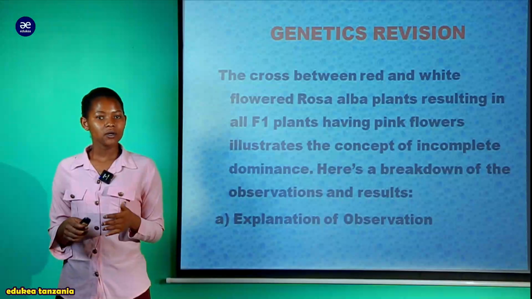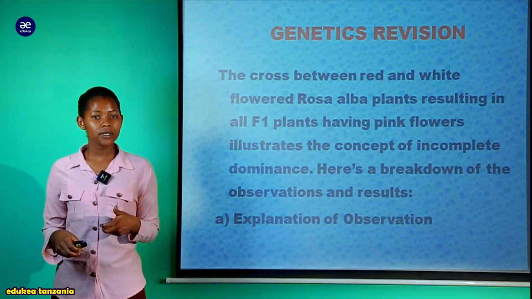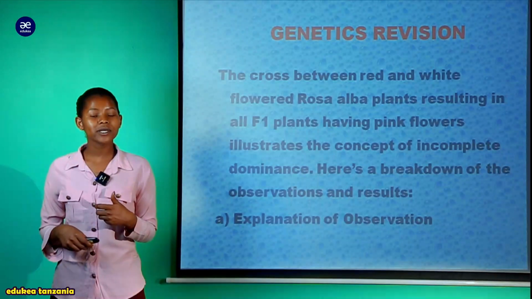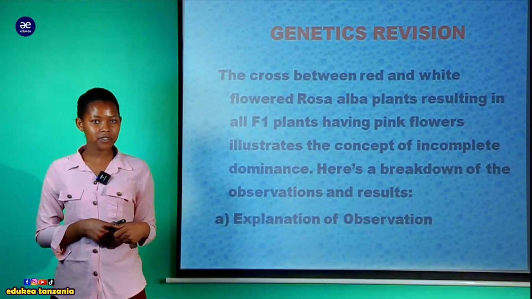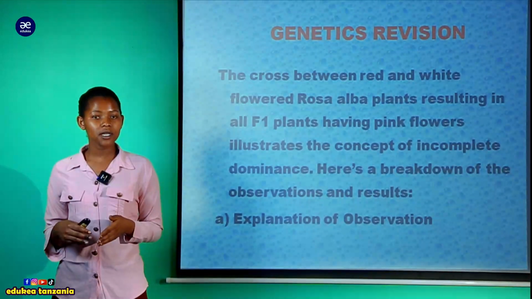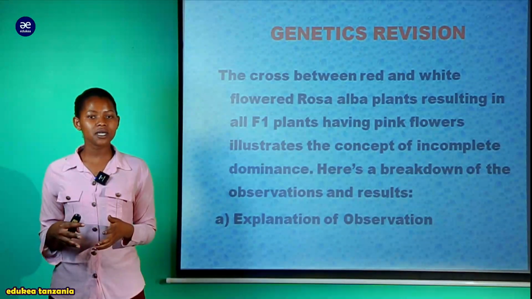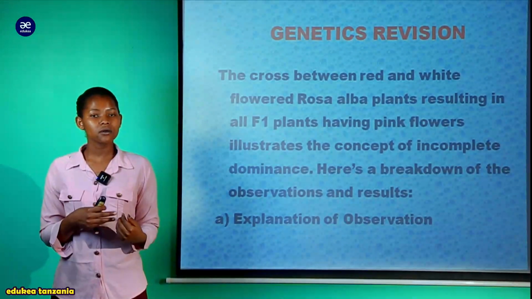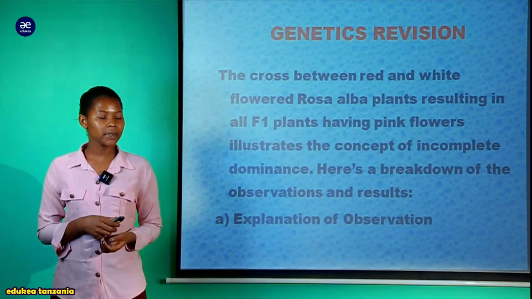Hapa tunaenda kuangalia the observations and the results. According to the question part A, we were required to explain the reason for those observations. Now we are going to break it down to give out the observations and the results so that somebody can understand well why those results were happening.